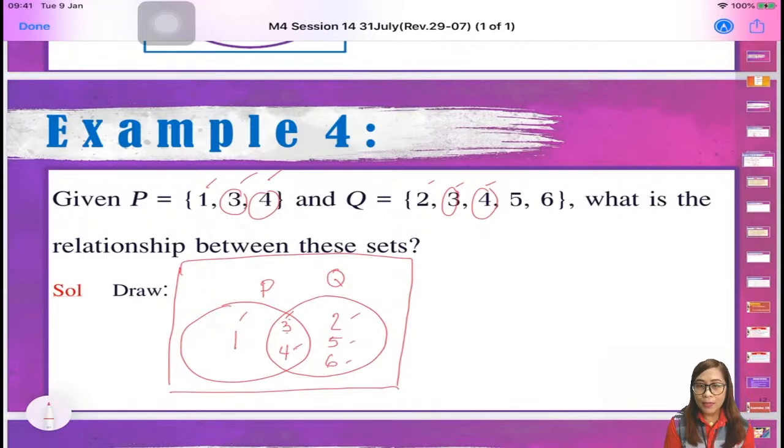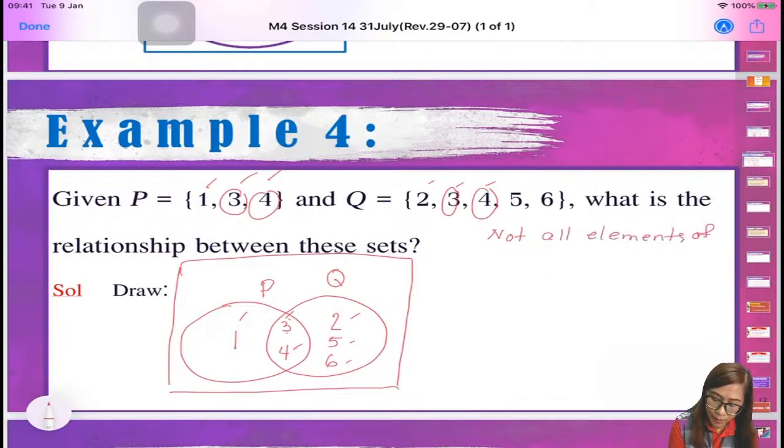So in this case, again, not all elements or members of P are in Q. Not all. So meaning the relationship is, okay, what is it? It's not a subset, by the way.